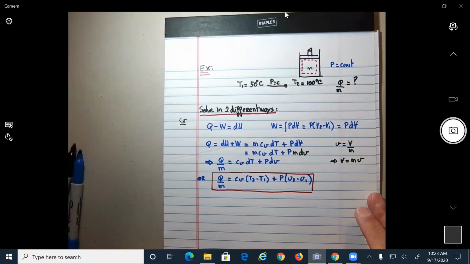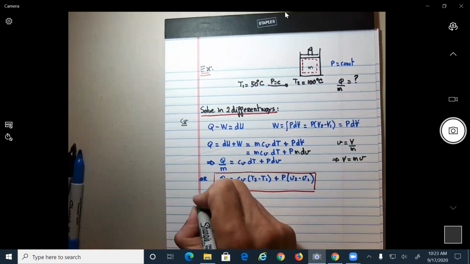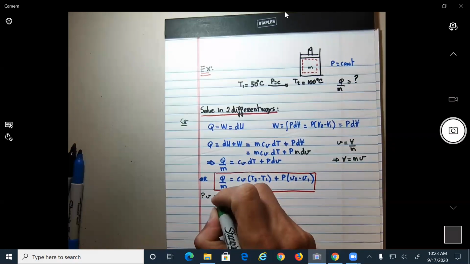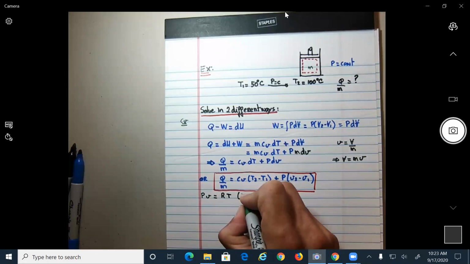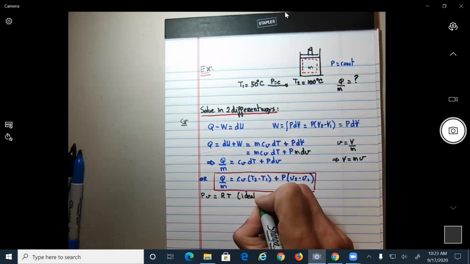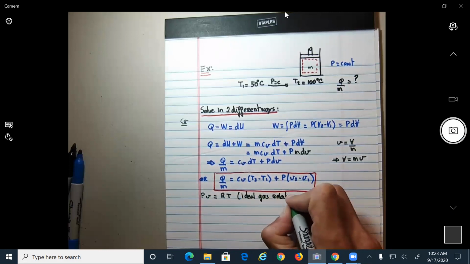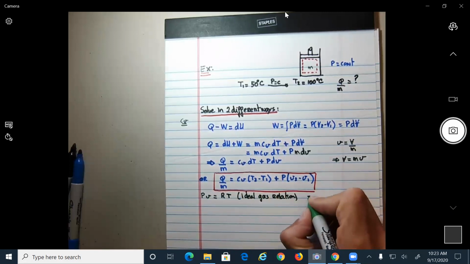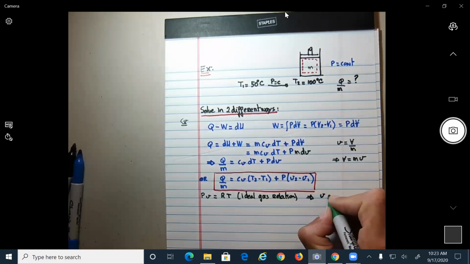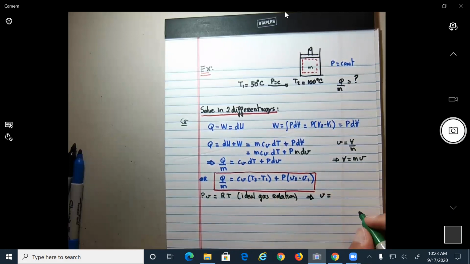What did I do? I said, now, if I use the ideal gas relation, which will be what? Pv equal RT. This is the ideal gas relation. From this equation, we can find that v is equal to RT divided by P.